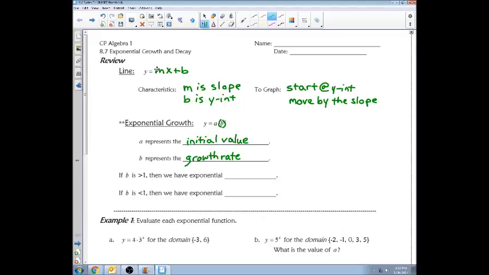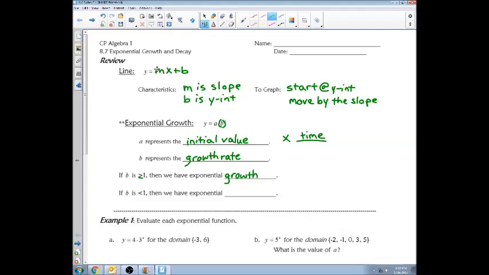So it was 1 times 3 raised to the x. Our x is the amount of time. Okay? So the x in that case is the amount of time. If b is greater than or equal to 1, then we have exponential growth.